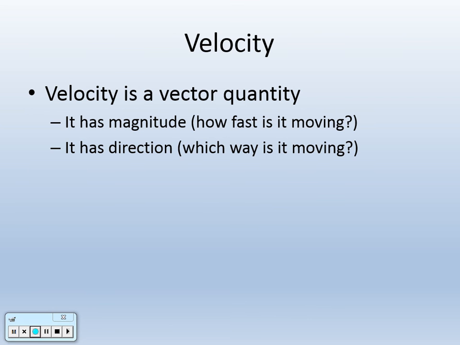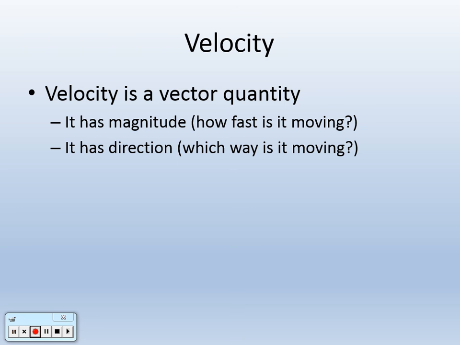Velocity is a vector quantity. This is at the top of the next page. All right? Velocity tells us not only how fast it's going, but also which way it's going.